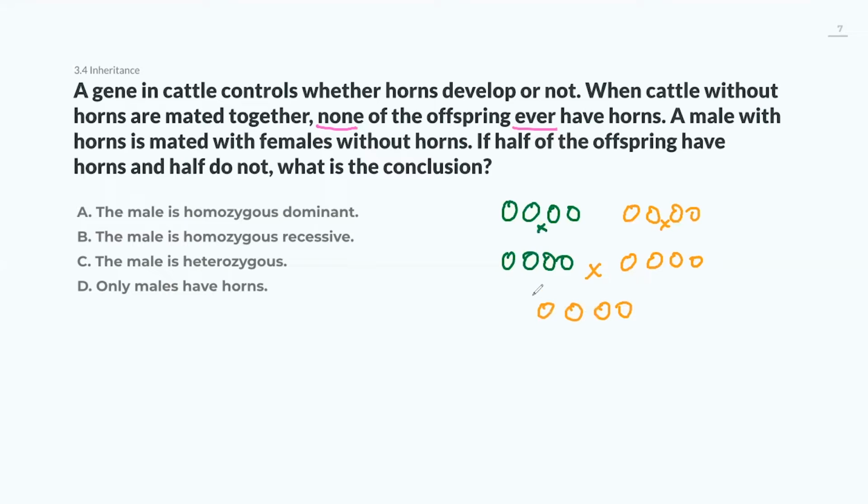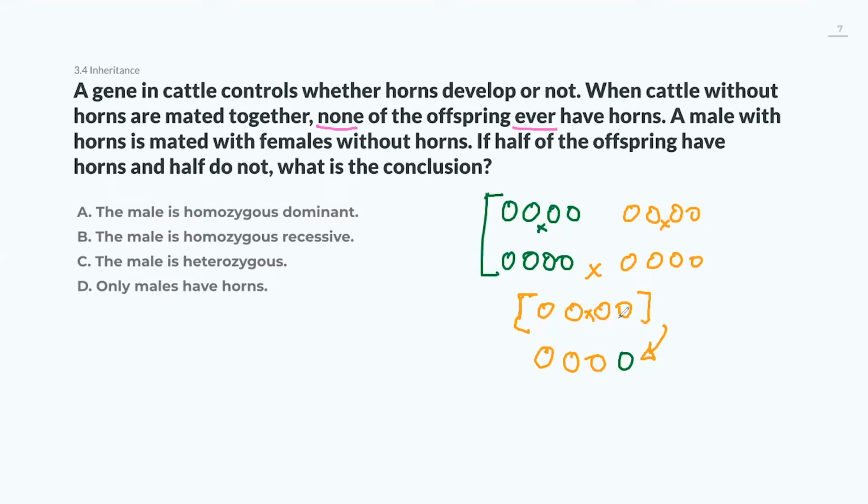But when this generation was crossed, he would get 3 yellows for every 1 green. So when greens are crossed, never ever do you have a yellow. But when yellows are crossed, you might, depending on the situation, end up with a green pea.